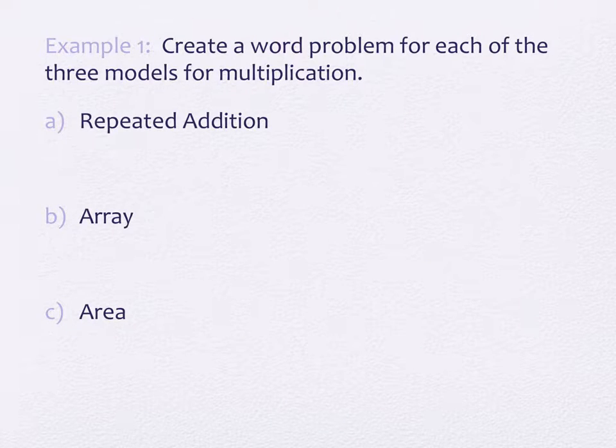Okay? So, it's your turn. In your groups, you're going to come up with 3 models. One for repeated addition, one for an array, and one for area. Go ahead and finish up that last one that you're working on.